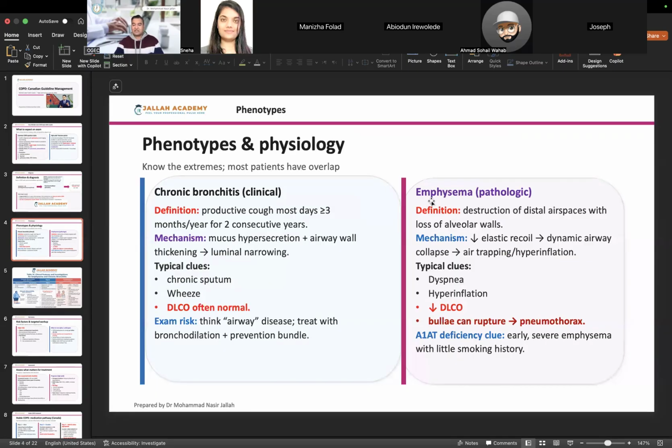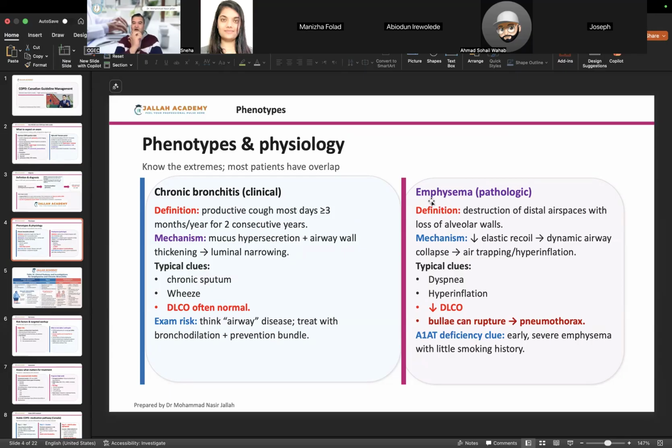Mechanism is mucus hypersecretion plus airway wall thickening and luminal narrowing. So the typical clue that they use in the scenario, they will give you a scenario about someone who has history of COPD and the patient has chronic sputum and chronic cough for more than 3 months per year for 2 consecutive years.